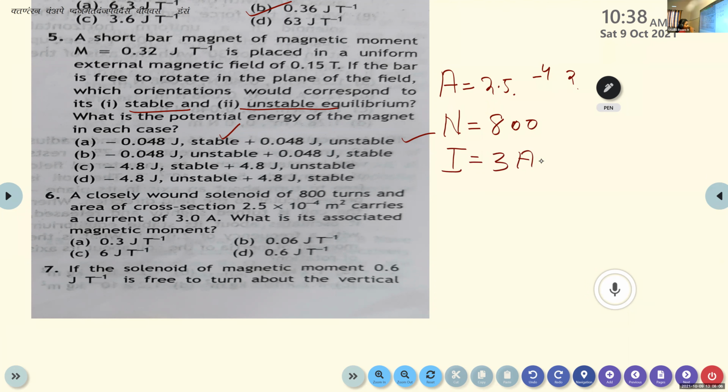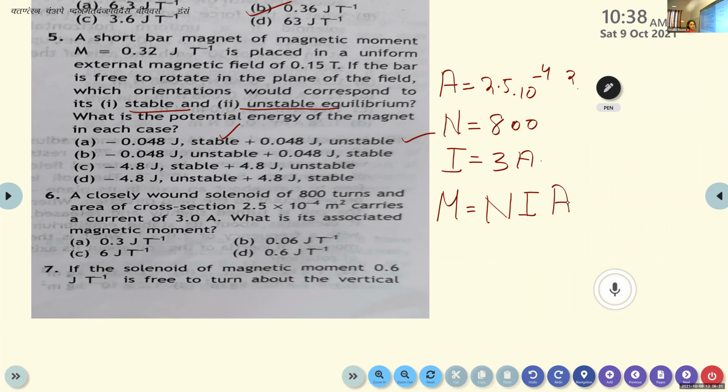Which equation can we use here in order to find out the associated magnetic moment? M is equal to NIA. Very good. Magnetic moment M is the product of current and area of cross section. But here we have N number of turns, so the equation becomes M is equal to NIA.